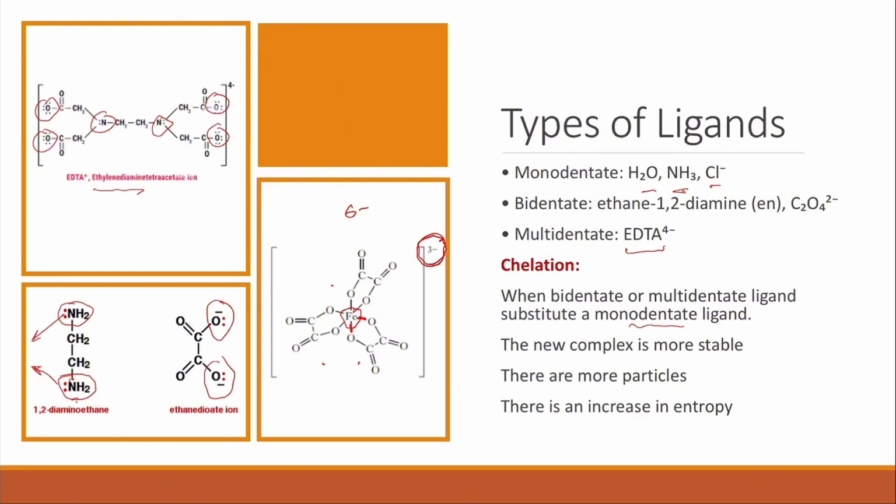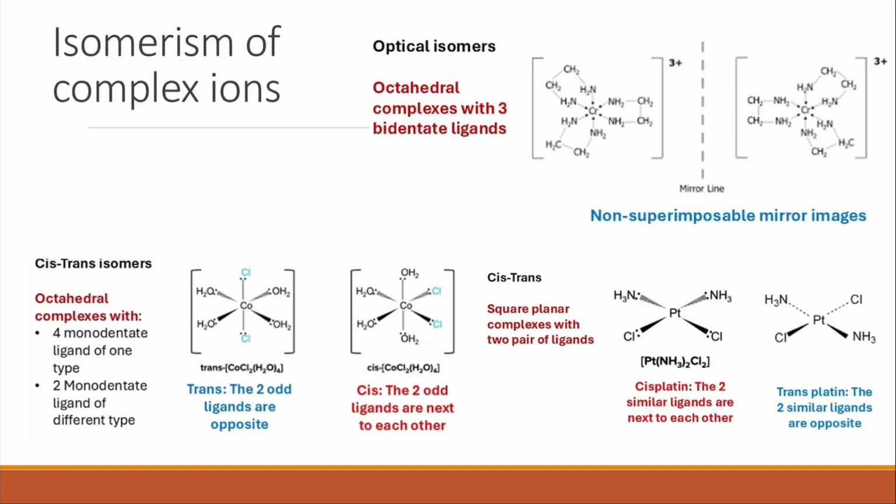So basically, if you are replacing the six water molecules surrounding an iron with EDTA, then you are moving from having two particles on the left-hand side into having seven, because there is now the complex ion and six of the water molecules. So there will be an increase in the entropy, or the entropy change will be more positive. So this is why it's more stable.